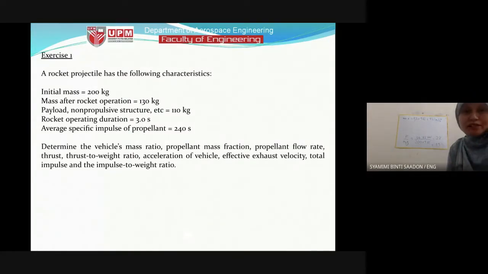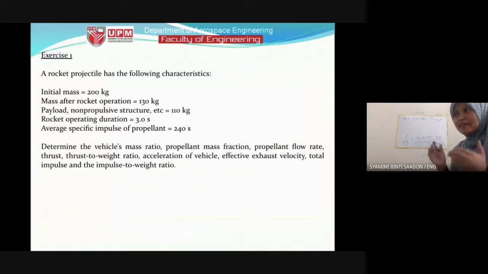More important is the effective exhaust velocity. It's kind of like final velocity, but we don't call it final velocity because it's more important to know the effective, actual velocity of the rocket after launching. So we pronounce it as effective exhaust velocity.